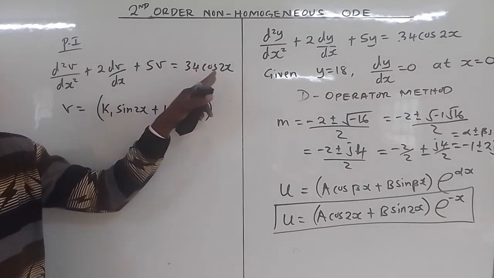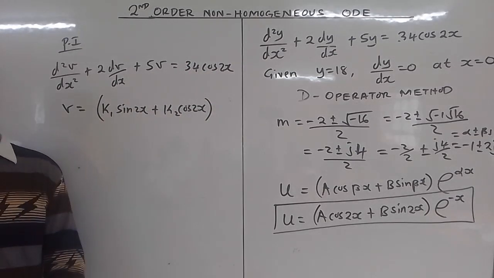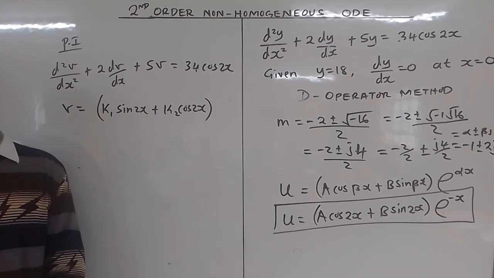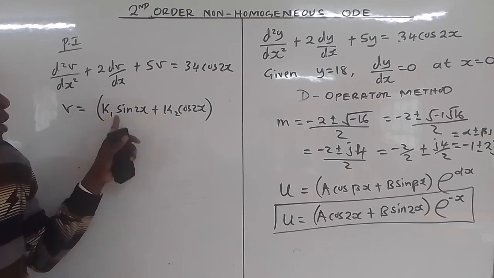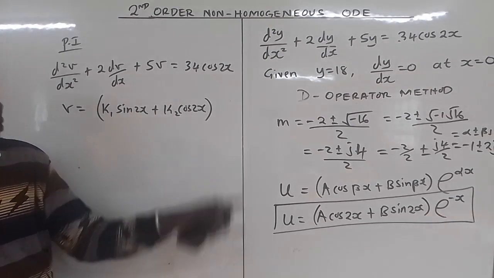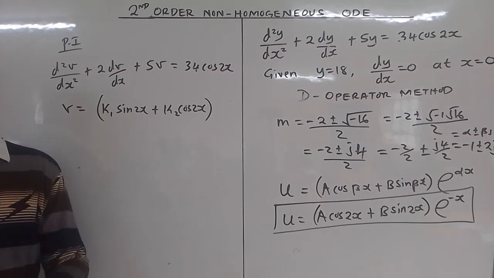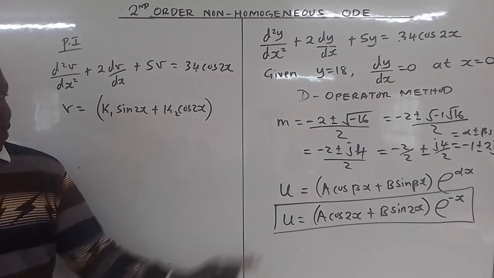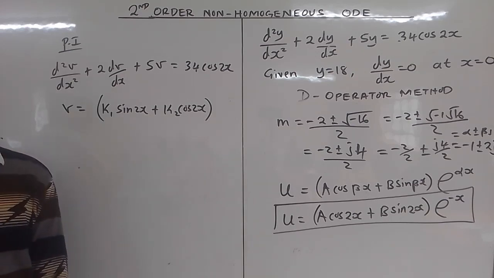Whether you have cos 2x or sin 2x, you must test which one is going to remain. Whether it was sin 2x, we are still going to have k1 sin 2x plus k2 cos 2x. Whether it is cos 2x, it is still going to be the same thing, because the sine and the cos go together according to the predictions of the complementary function.